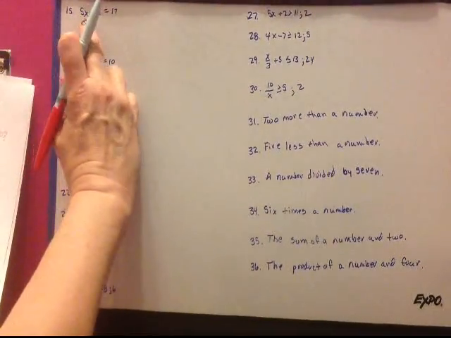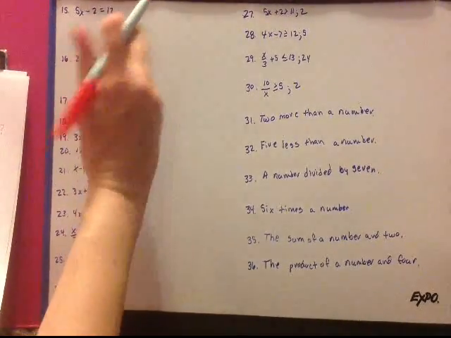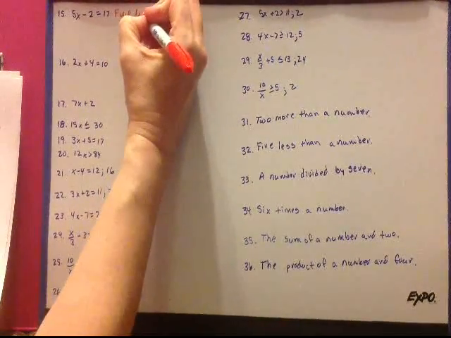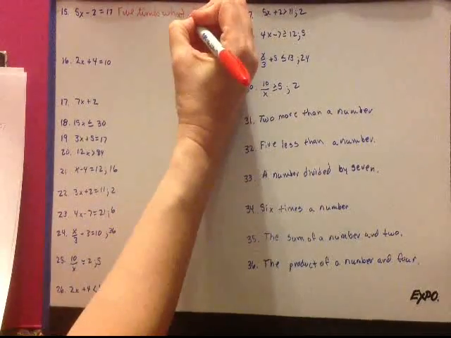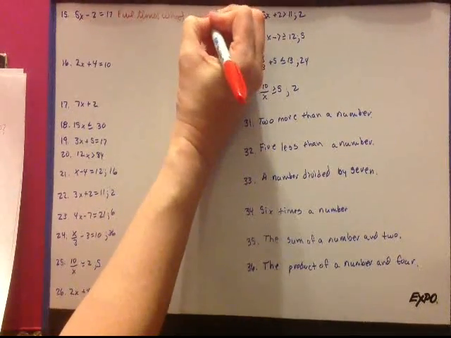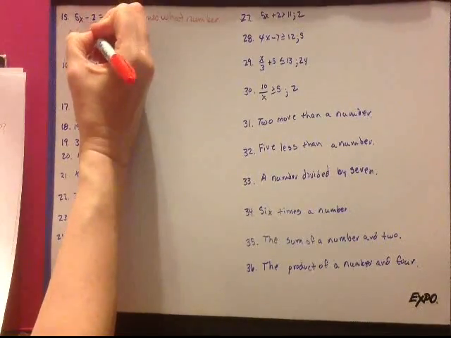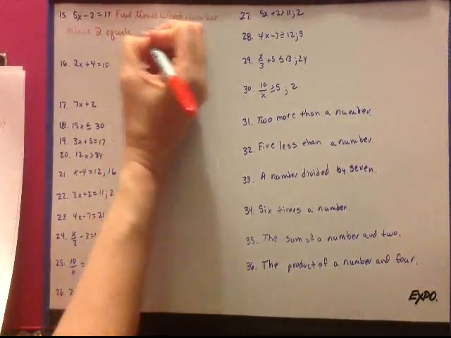Okay. 5 times what number minus 2 equals 17?